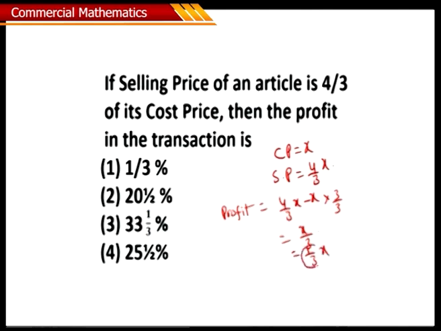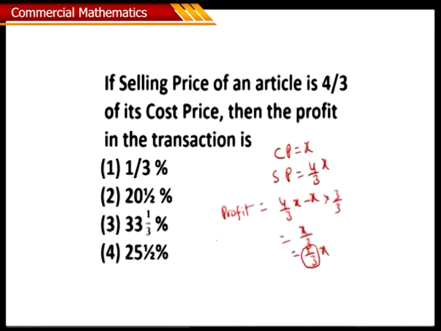1/3 means it is 33.33, or here of course it is not converted. It is 33 1/3% directly. You can see that. So how are you going to calculate this now? Just observe here.